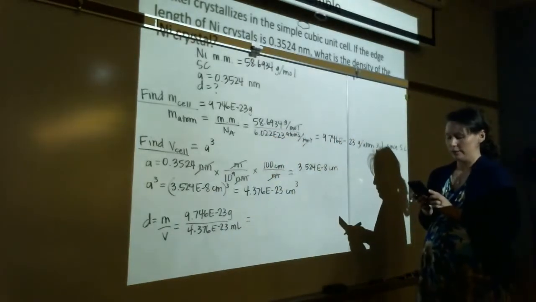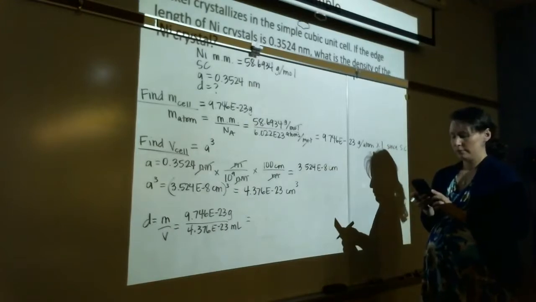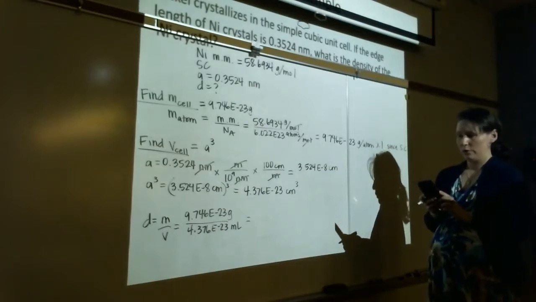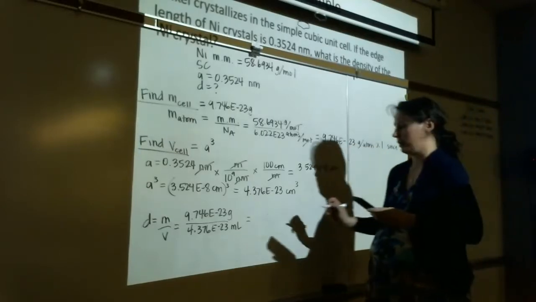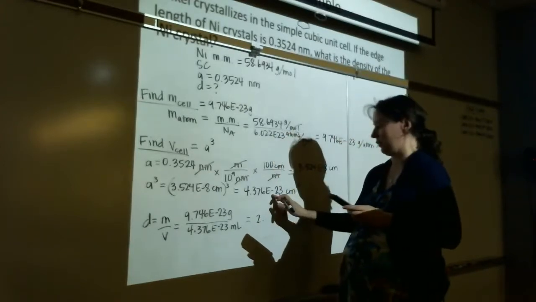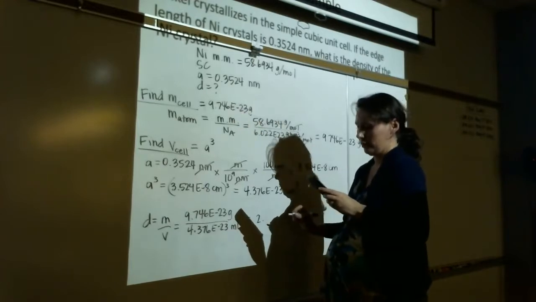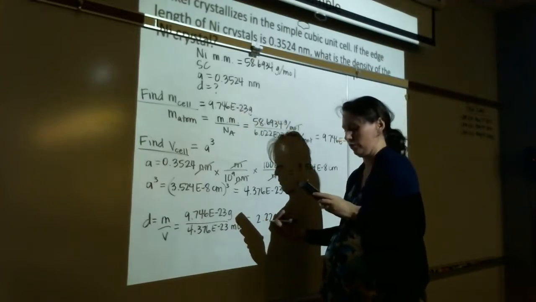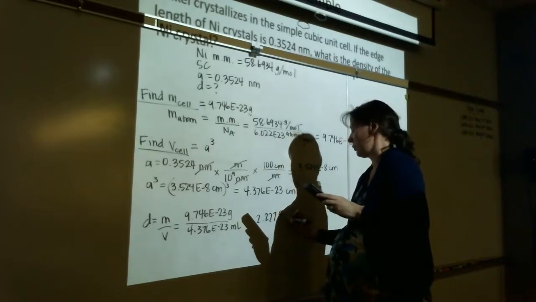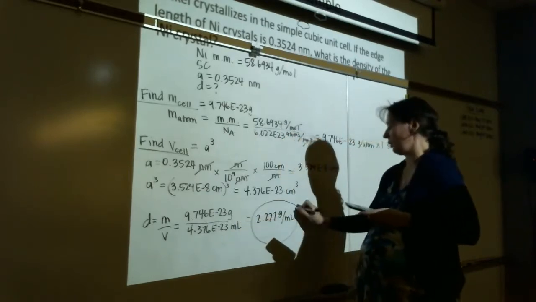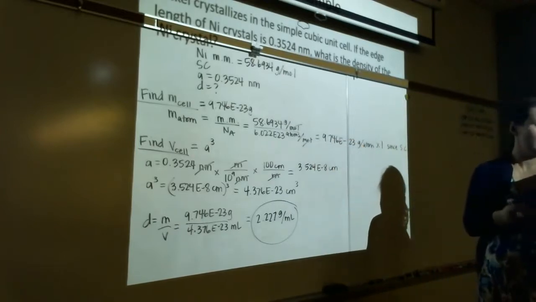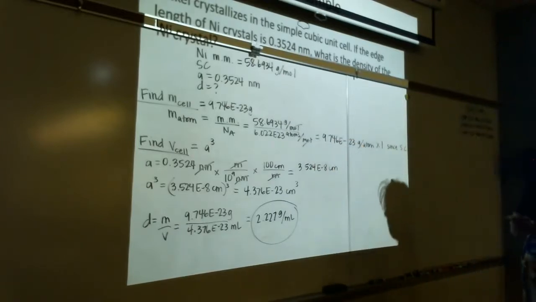When you divide that, you get an answer that's not on the massive exponent scale. I can keep 4 sig figs, so 2.227 grams per milliliter. Is that a reasonable density? Yeah, that's reasonable. You're not coming up with something times 10 to the negative 18th.